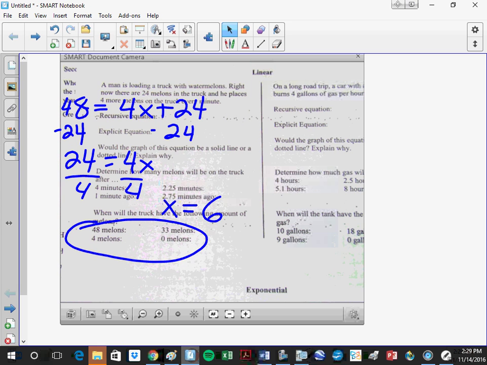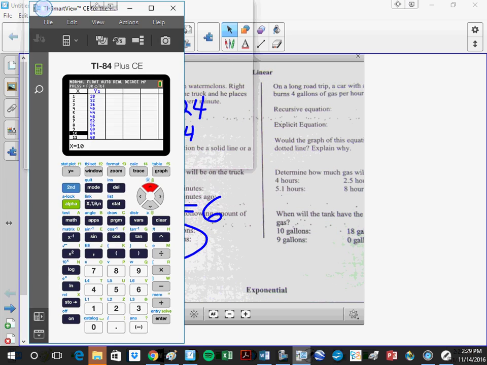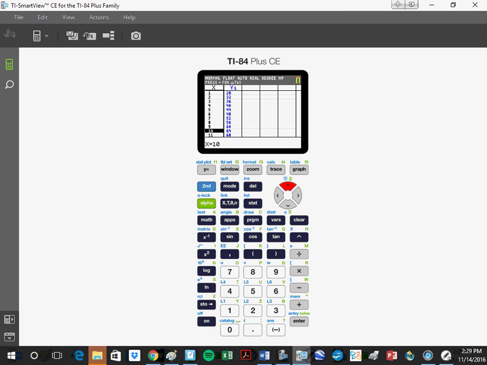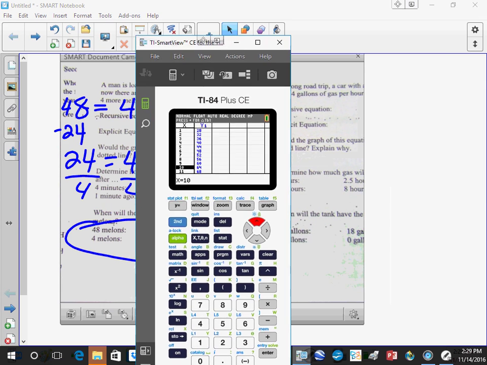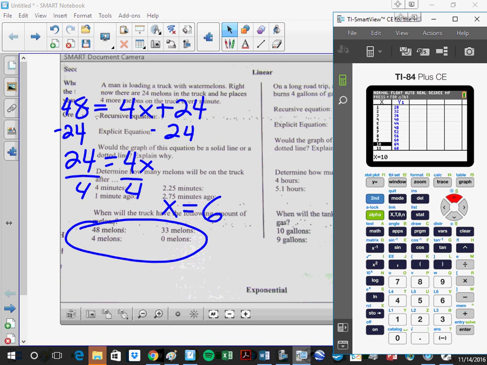Now there is another problem with this. The other issue is we could go all the way back.